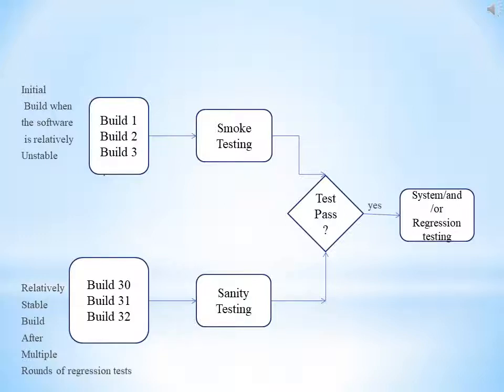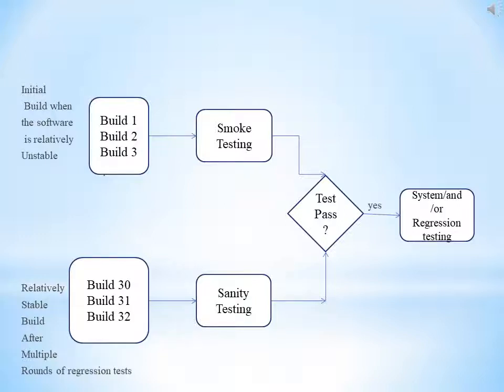Smoke testing is likely to uncover functional errors as well as architectural and component level design errors. If these errors are corrected early, better product quality will result, and progress is more easily assessed, with each passing day more of the software has been integrated and more has been demonstrated to work.